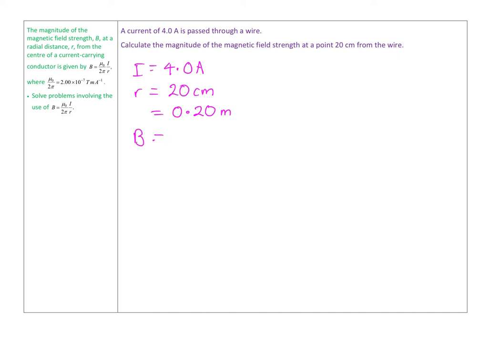B is equal to 2.00 times 10 to the minus 7, that's the constant, times the current, divided by 0.20, and we plug that all into the calculator, and we get 4.0.